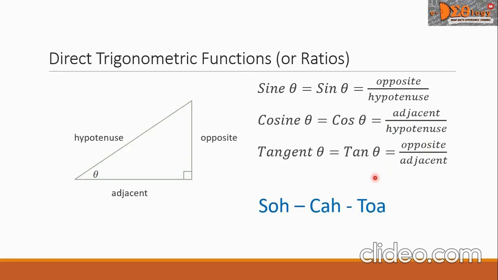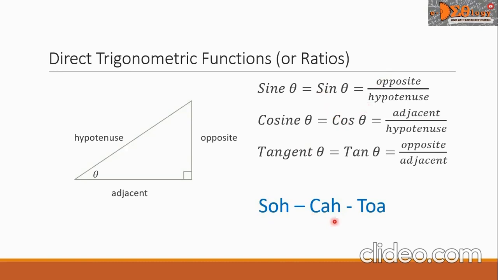There is a popular mnemonic to help us remember quickly the three functions here. This is the SOH, CAH, TOA. The SOH is for the sine. The S here is the first letter of the sine. The O is for the opposite, and the H is the hypotenuse.